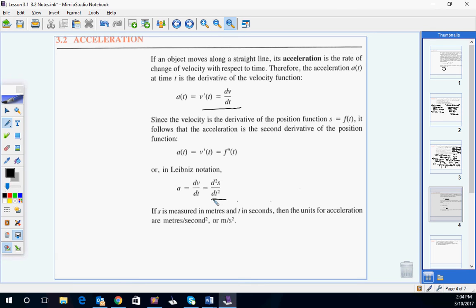So basically what I want to get from this page: acceleration is the second derivative. Everybody good with that?